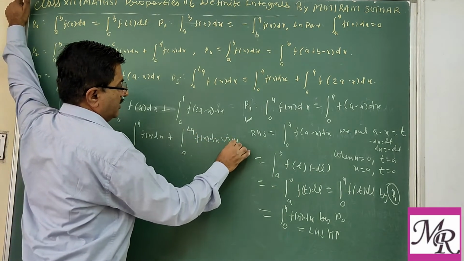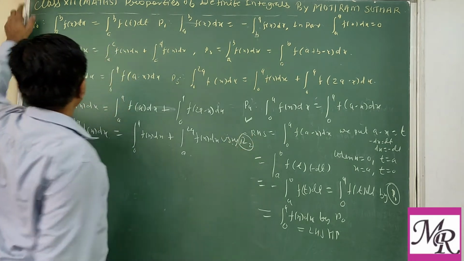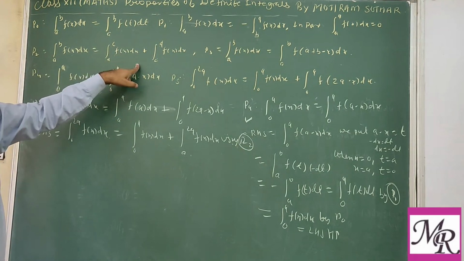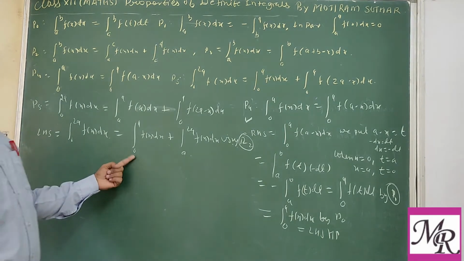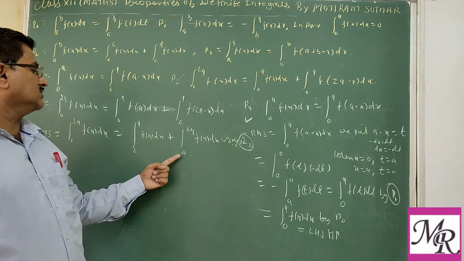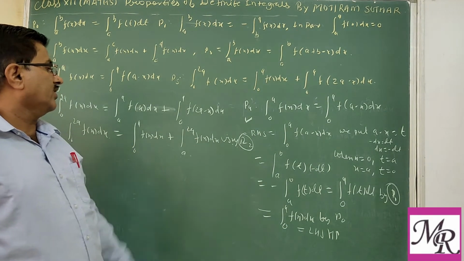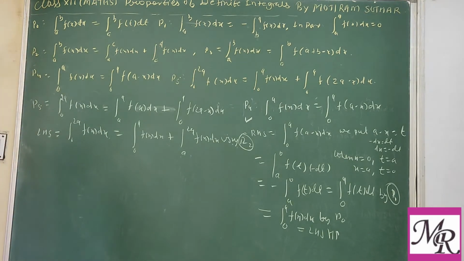Here we are using property P2. Now by using P2, we can put a substitution t.